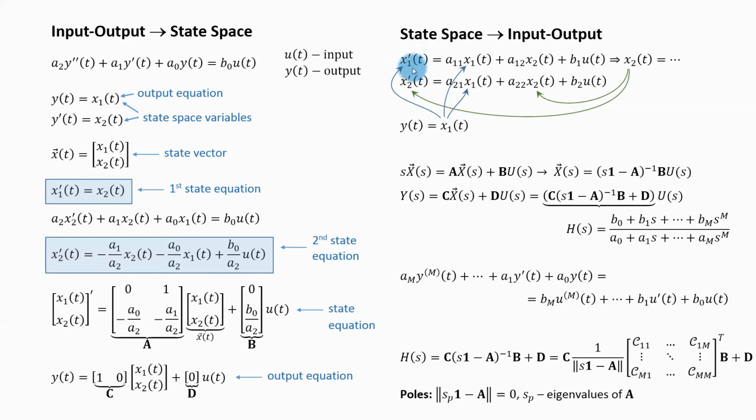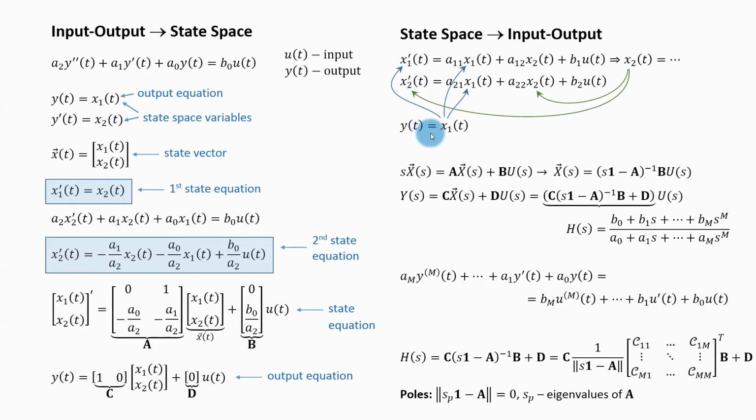That is, you need to use this equation, not this one. Then you substitute to the other equation, which will eliminate the second state variable, and you will be left with one equation that will contain only the input signal and the output signal. Thus, you will be left with the input-output relationship.